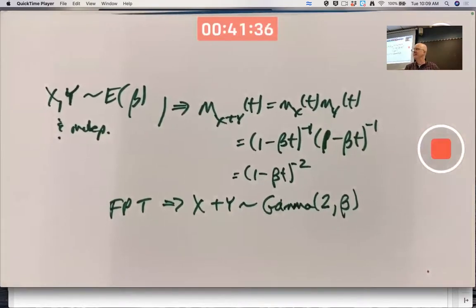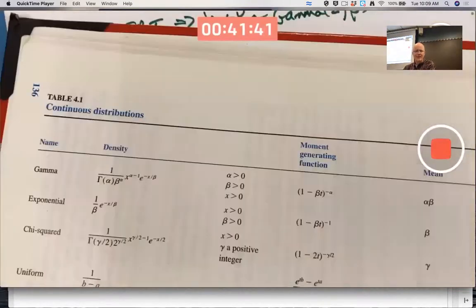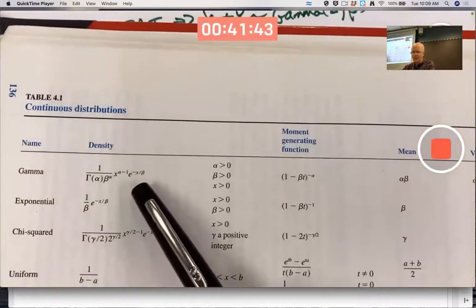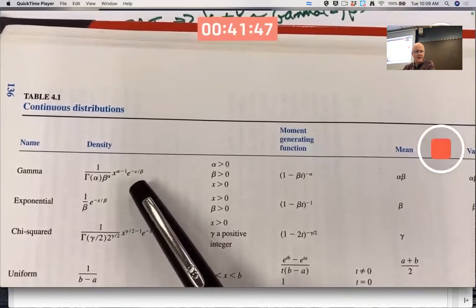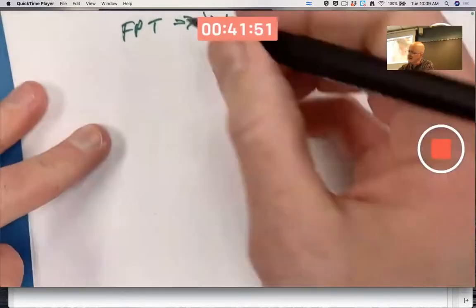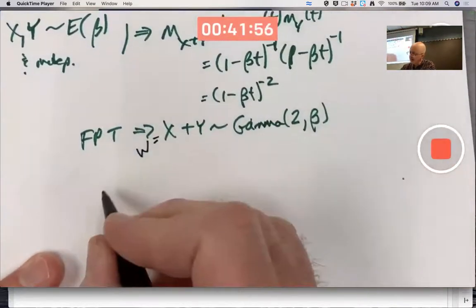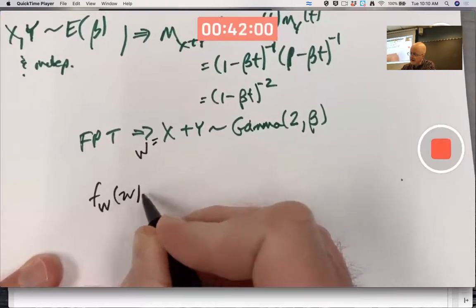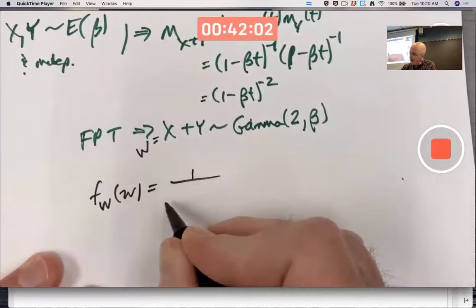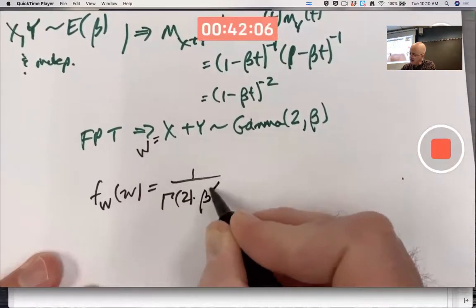What would its PDF be, by the way? It would be this when you take alpha equal to 2. And beta is arbitrary. So the PDF of, let's call it W, equals x plus y, would be 1 over capital gamma of 2 times beta squared.